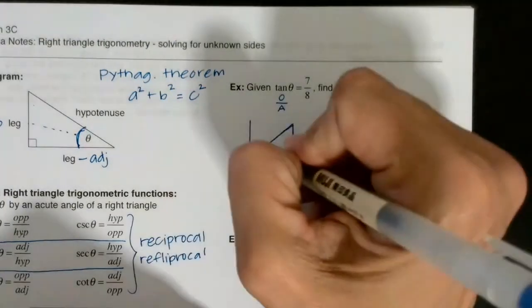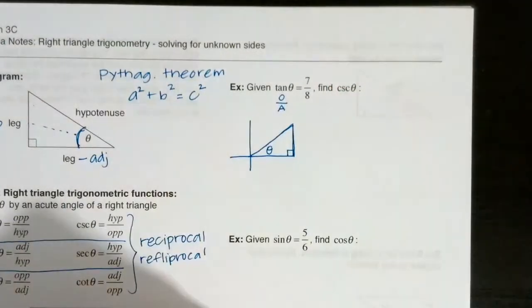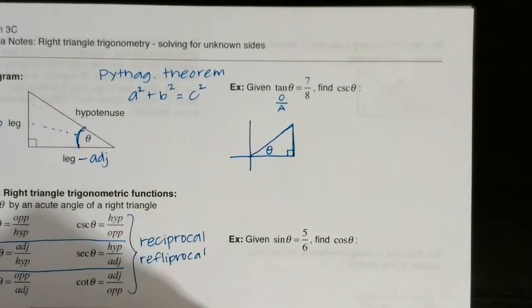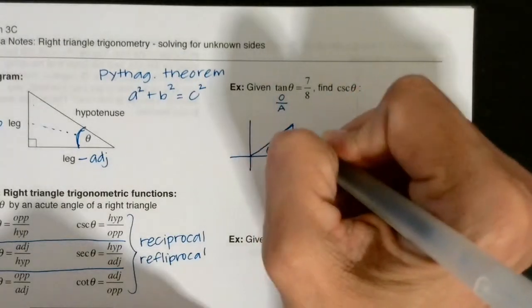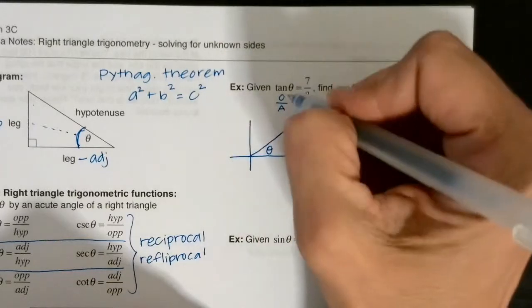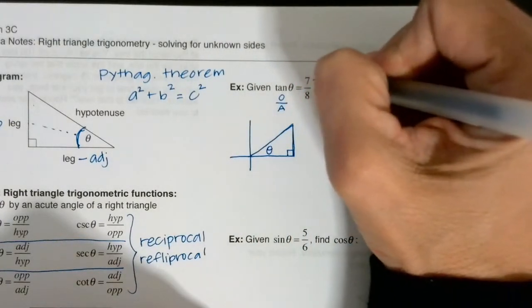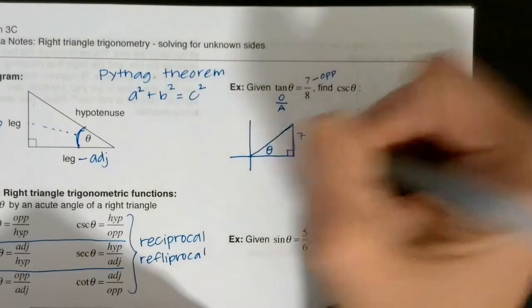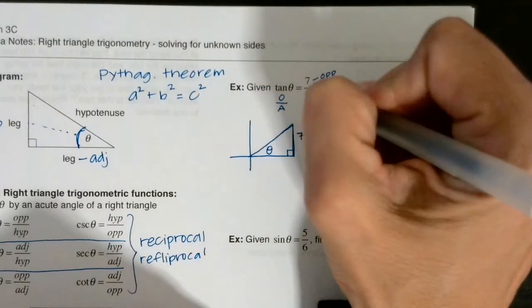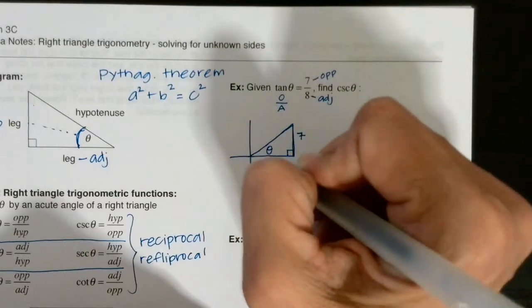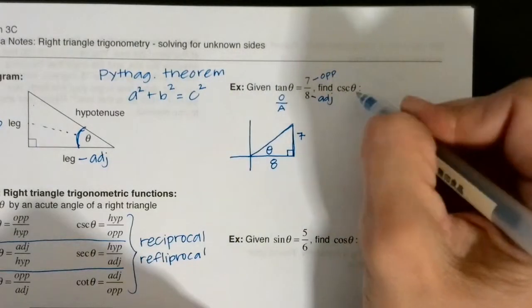And if I put theta right there, again, you can draw a triangle not on the axis, but I know where we're going, so you're going to get in the habit of doing this. So this would be the side opposite. Tangent is opposite over adjacent, so 7 is the opposite, so we can put a 7 here, and 8 is adjacent. So this is 8, and it wants us to find cosecant.